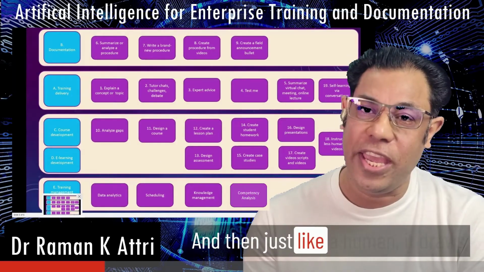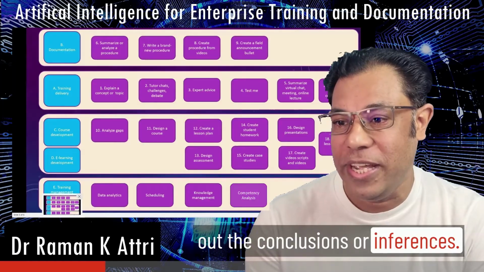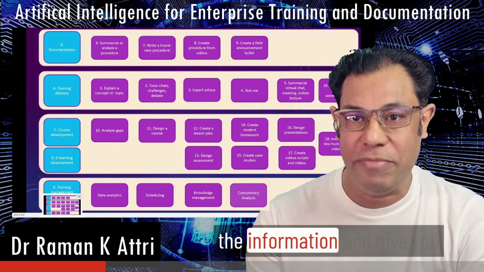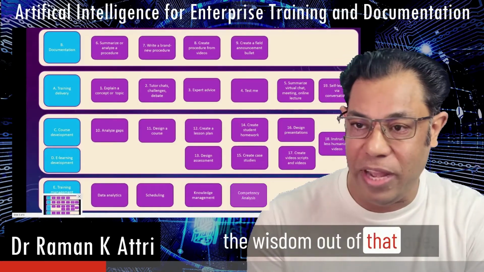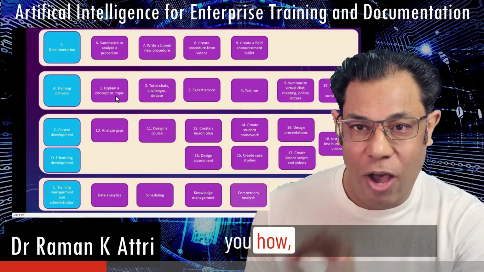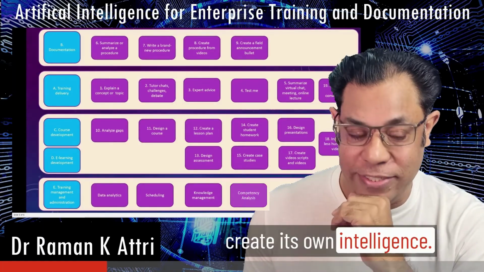Interesting. And then just like a human, it draws out conclusions or inferences. And that gives us intelligence to be able to process the information and give you the wisdom out of that one. When we go to the documentation area, I'm going to actually show you how, based on very little information, it's going to create its own intelligence.